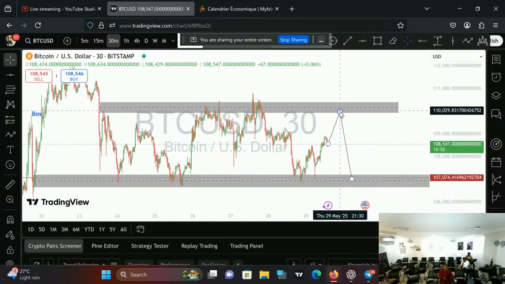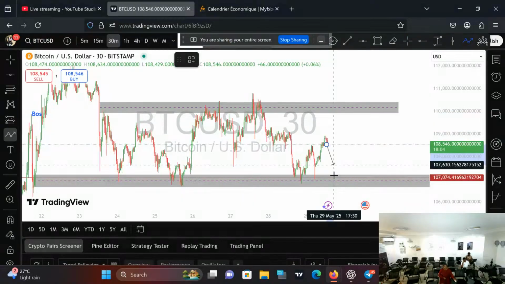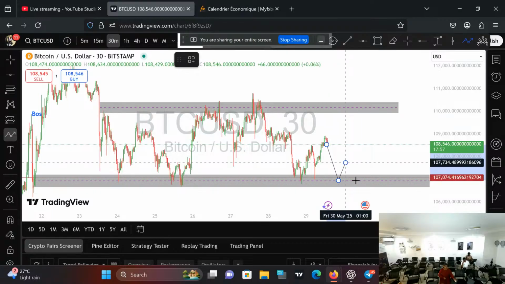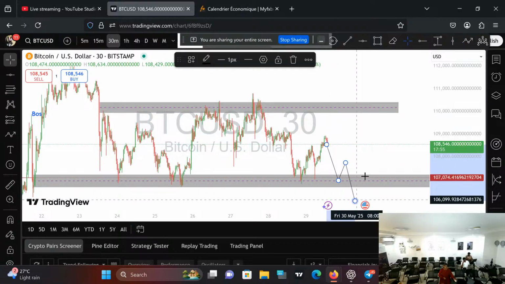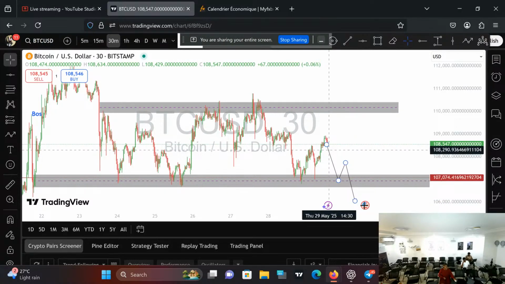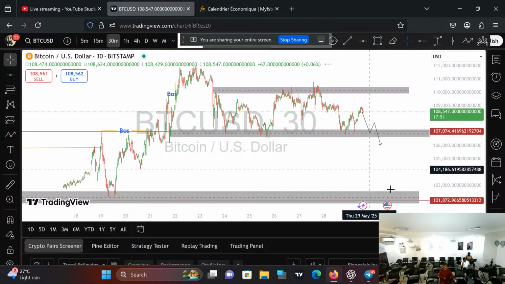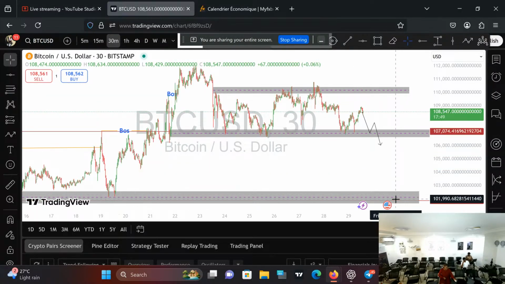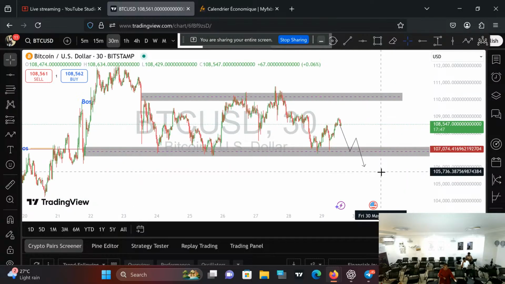It might push down to this level, maybe react to this level, or maybe continue pushing down, break this level, and continue going down to this other support zone, right?